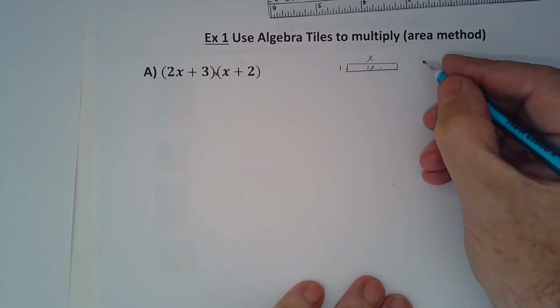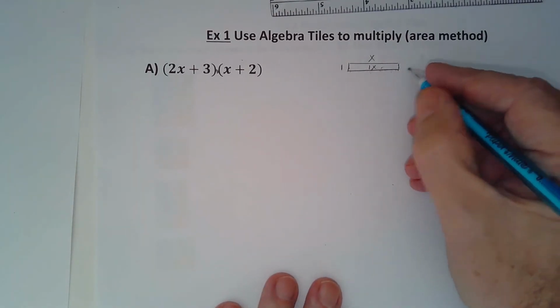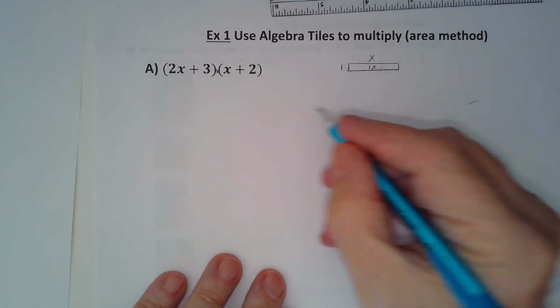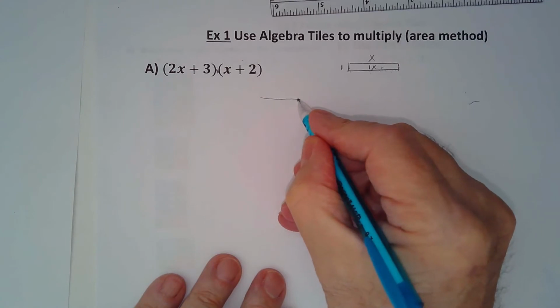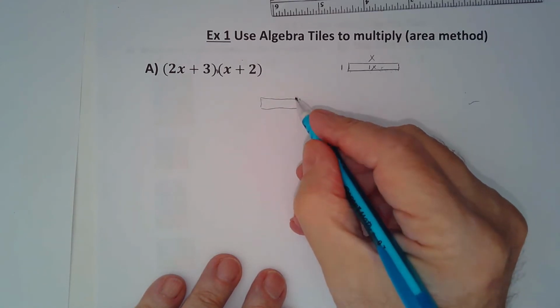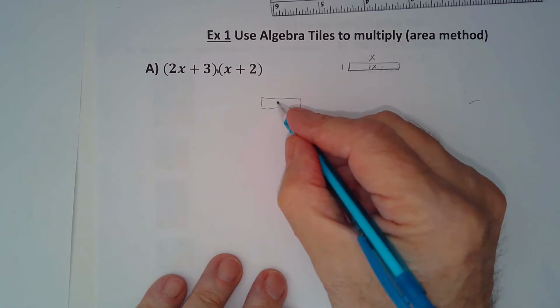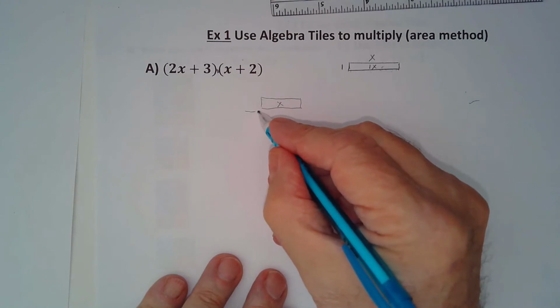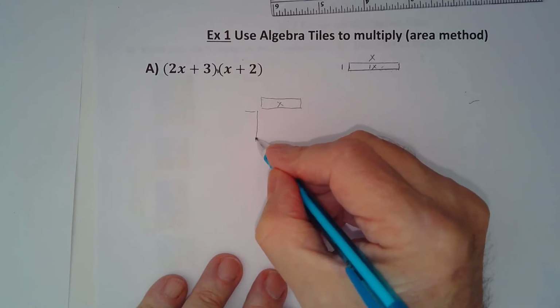All right? Now, if I take one of these tiles and I go ahead and draw it like this, this is approximately right. So that's 1x. And I take another one.